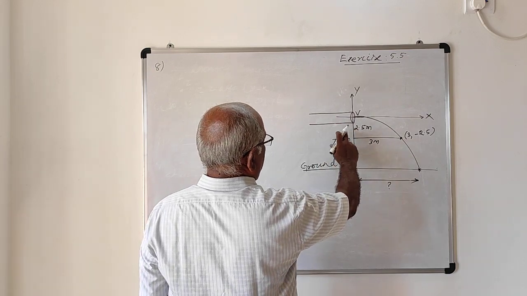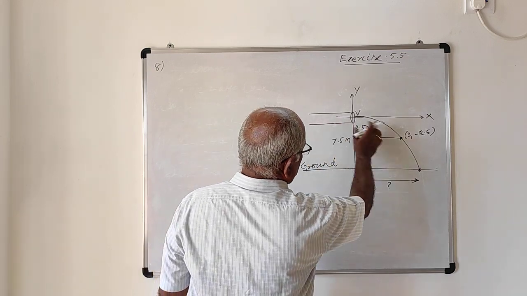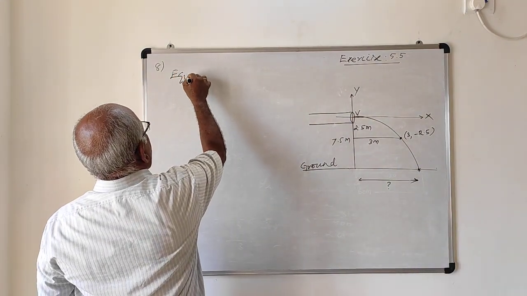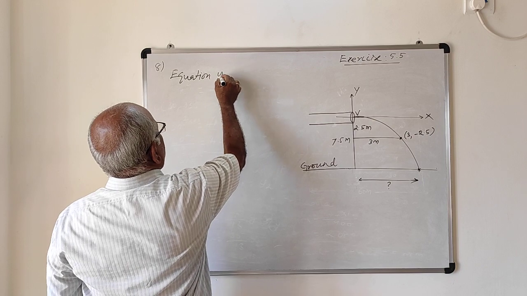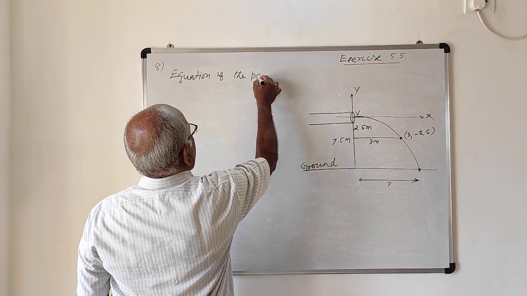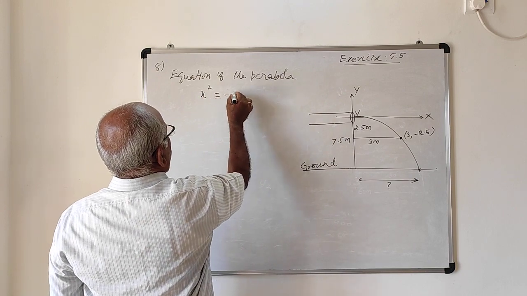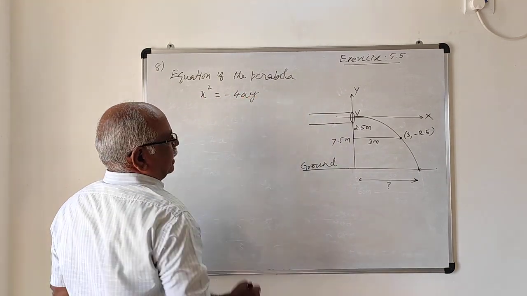Therefore, the equation of the parabola is x square equal to minus 4a y. This is the vertex. Since it is open downward, x square equal to minus 4ay.